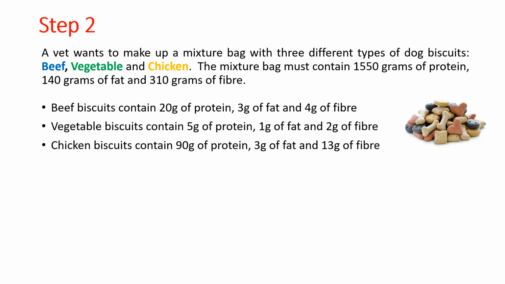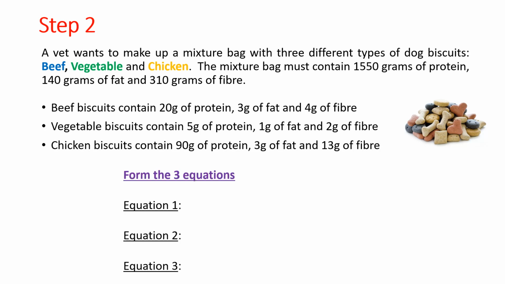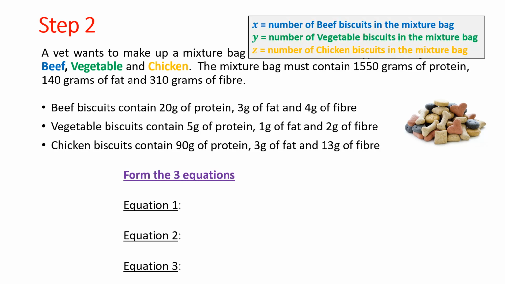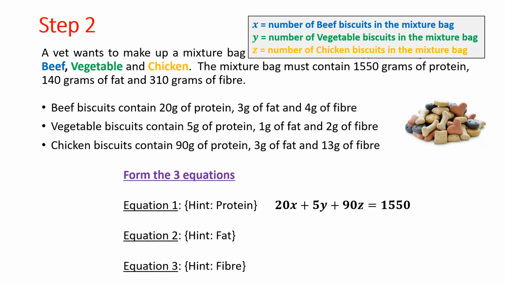Right, let's move on to step 2. This is the trickiest step of this. We're going to form the 3 equations. I've just put up the variables up here to keep us reminded what X, Y, and Z are. All right, here's a hint to each of the equations. So here's equation 1, and let's show you how we got it.